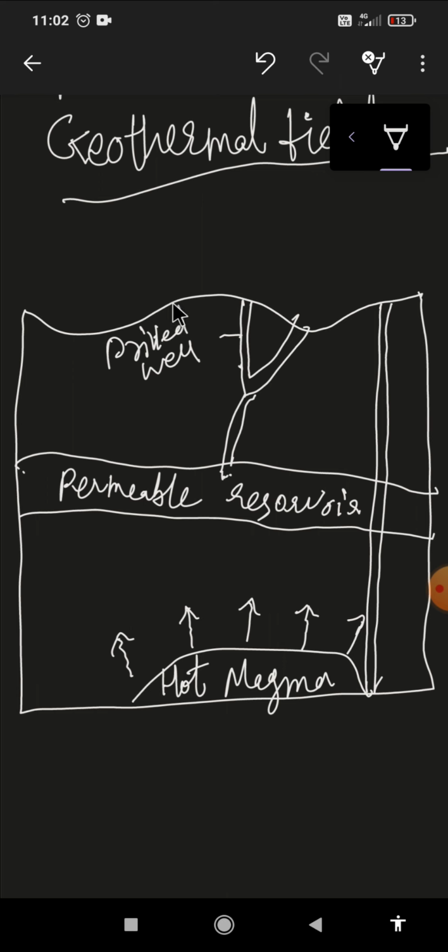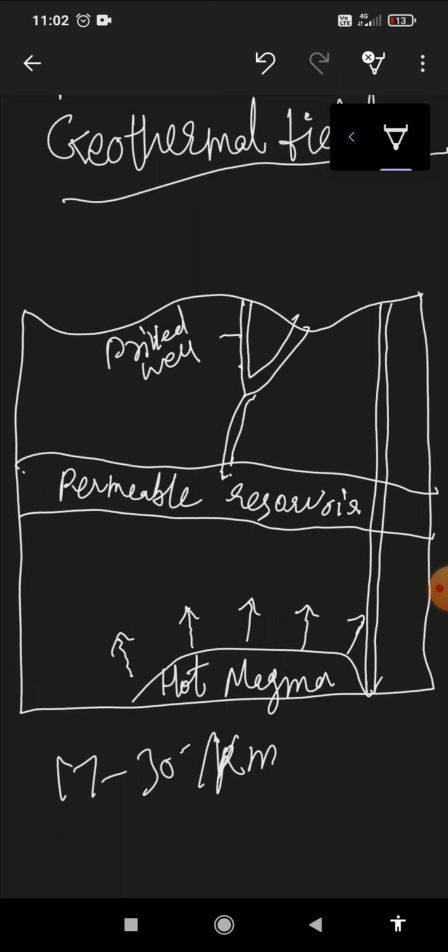So the temperature of this heat increases with increasing depth below the surface. From the surface down through the crust, temperature increases with depth at 17 to 30 degrees per kilometer of depth.